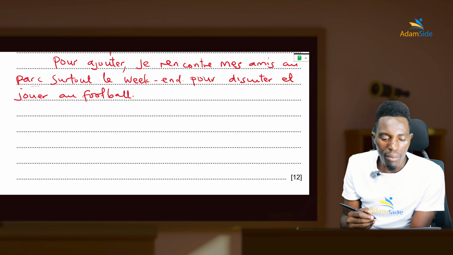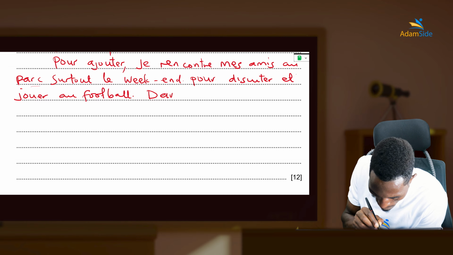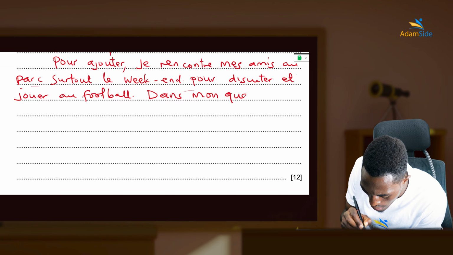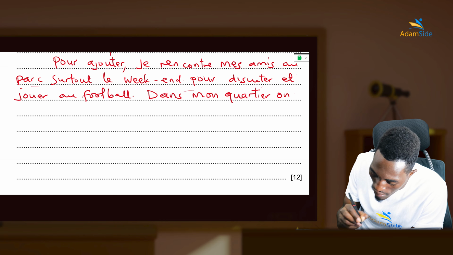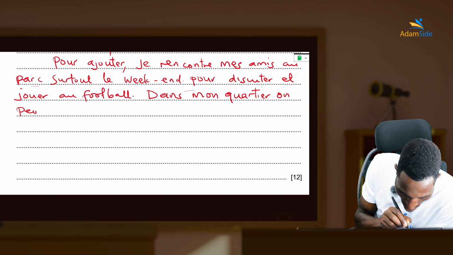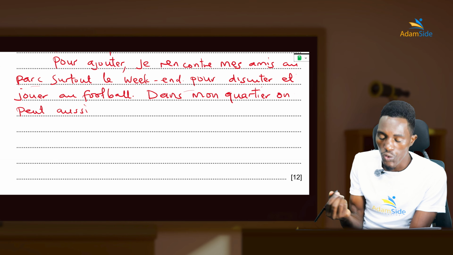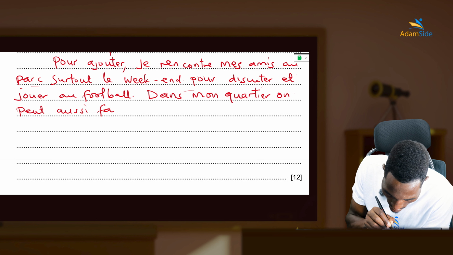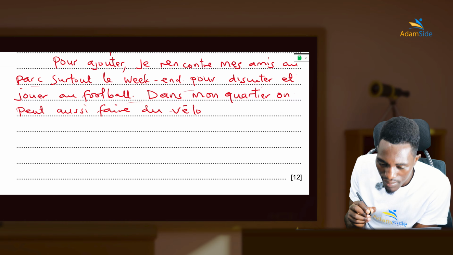So I can say dans mon quartier, on peut aussi faire du vélo, cycling. On peut aussi faire du vélo, we can do cycling.